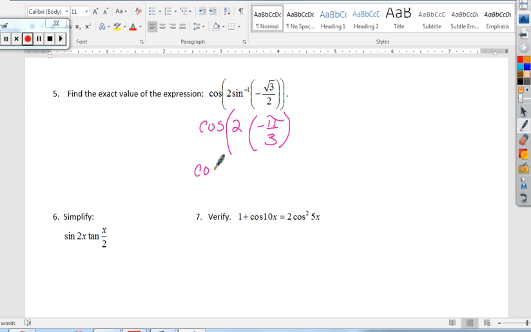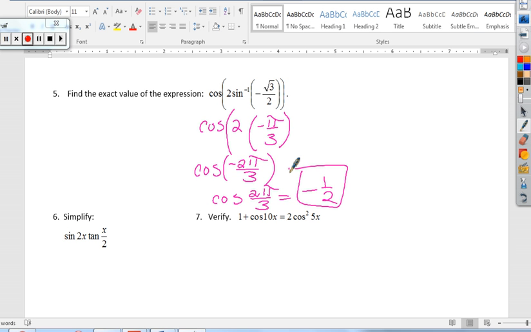So then I want to evaluate the cosine of minus 2 pi over 3. Remember, for cosine, the negative gets absorbed, so we're looking at the cosine of 2 pi over 3, and the cosine at 2 pi over 3 would be negative 1/2.